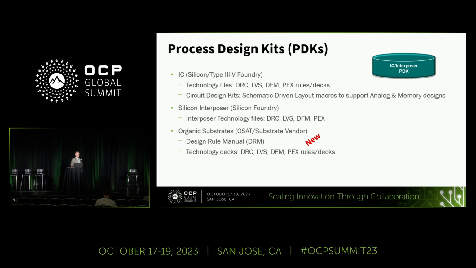What we're trying to do is extend the same concept to organic substrates and the packaging world. So again, rather than having PDF documents for DRM, we're establishing formats to be able to describe the rules for everything that's within the package, not just the silicon stuff.